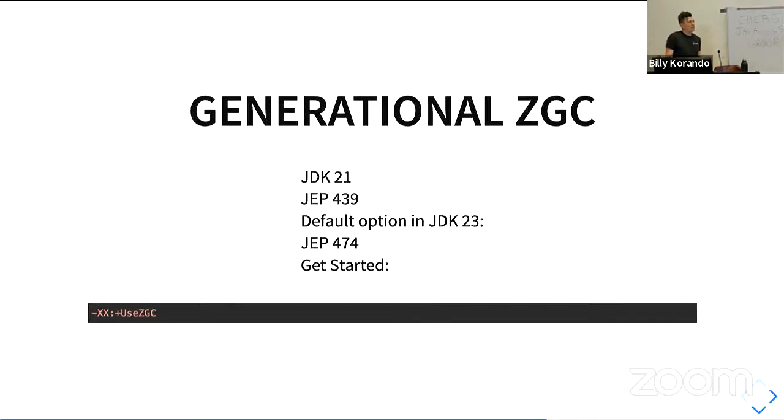Back in JDK 15, we added a new garbage collector called ZGC. ZGC is an almost entirely pauseless, or almost entirely concurrent, garbage collector with ultra low latency, with sub-millisecond pause times, and it could also handle a heap of up to 16 terabytes in size.